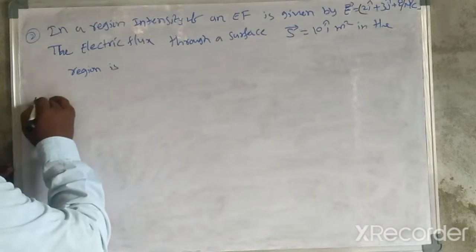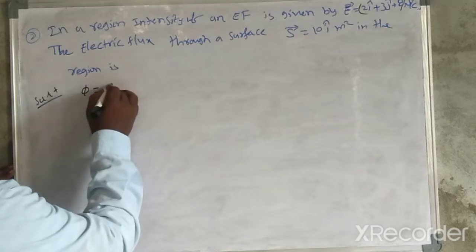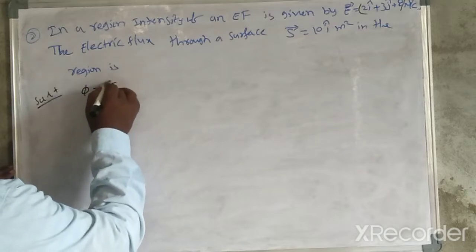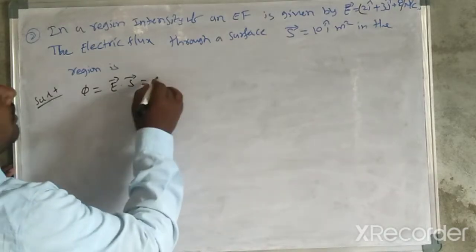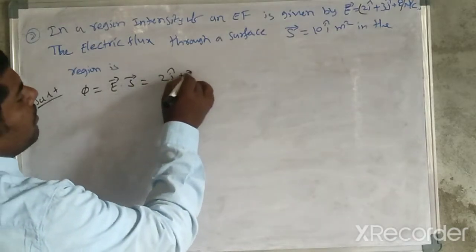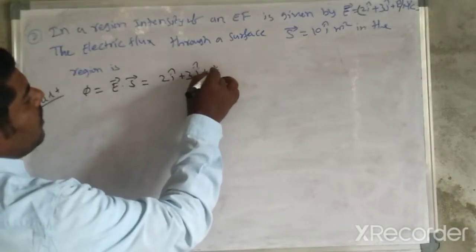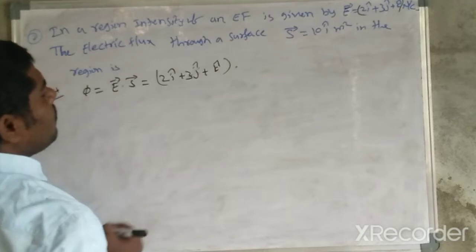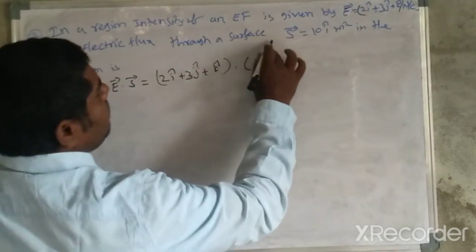So what they are asking here is flux phi is equal to E bar dot S bar. E bar value they gave, 2 I cap plus 3 J cap plus K cap, dot S, which is 10 I cap.